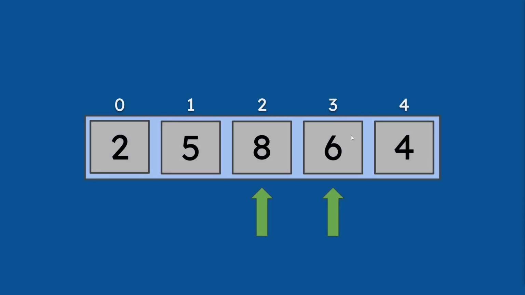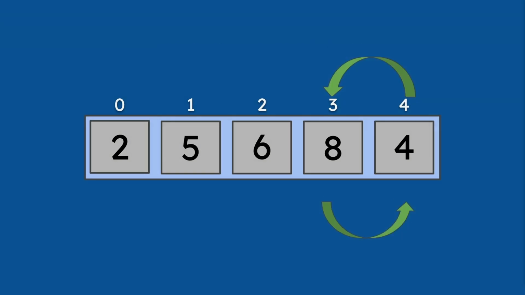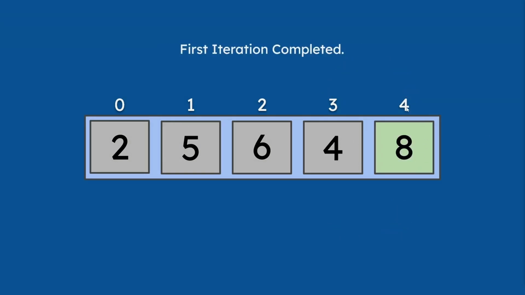So we'll compare index 2 to index 3 now. Is index 2 greater than index 3? Yes, it is. So we'll swap it. Is index 3 greater than index 4? Yes, it is. So we'll swap it. And we know 100% now that over the first iteration, the last number has to be already sorted.